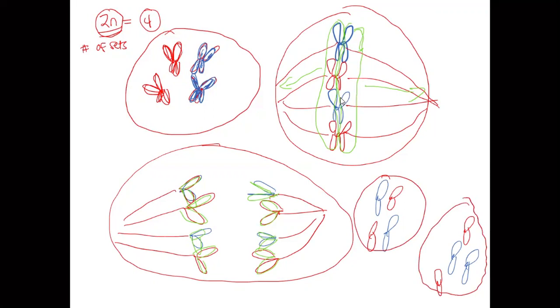Daughter cell number 1, daughter cell number 2. And as we have defined from the previous slide, after mitotic process, the daughter cells should have the same genetic composition as the parental cell. So after mitosis, your daughter cells should still be 2n is equal to 4.